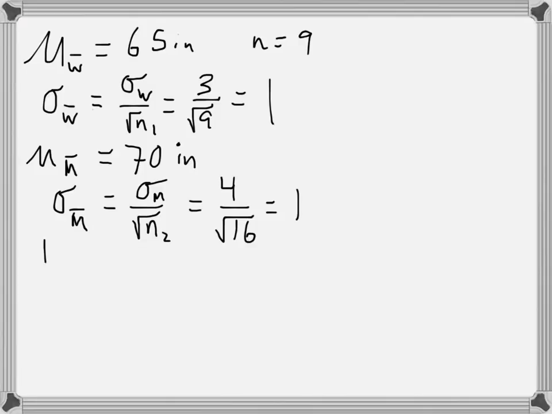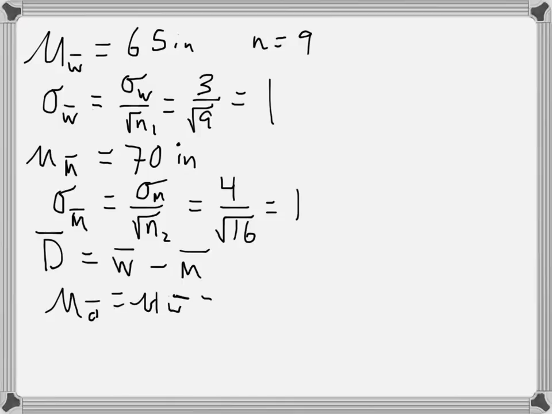If I now create a new random variable, the average difference, the average woman sample mean minus the average man sample mean, again with different sample sizes but that's no problem, then the average difference should be the mean of the females minus the mean of the males.